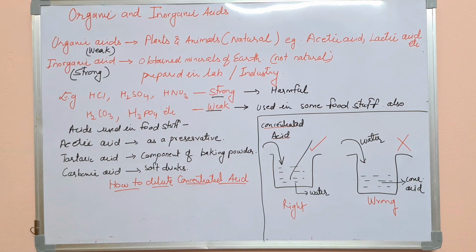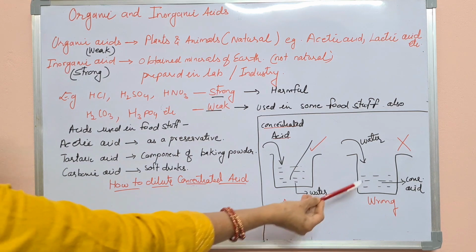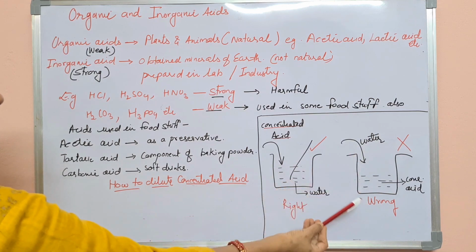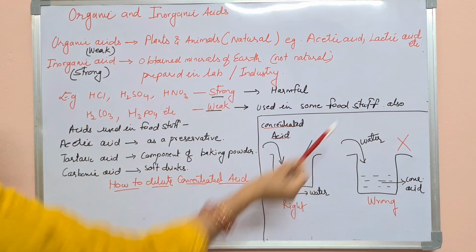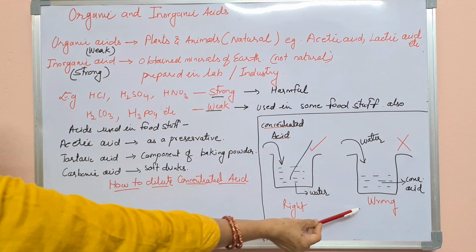But what is the wrong method? To add water to the acid. In this diagram, one beaker is there and in the beaker concentrated acid is present, and water is added to the acid. This process is wrong.